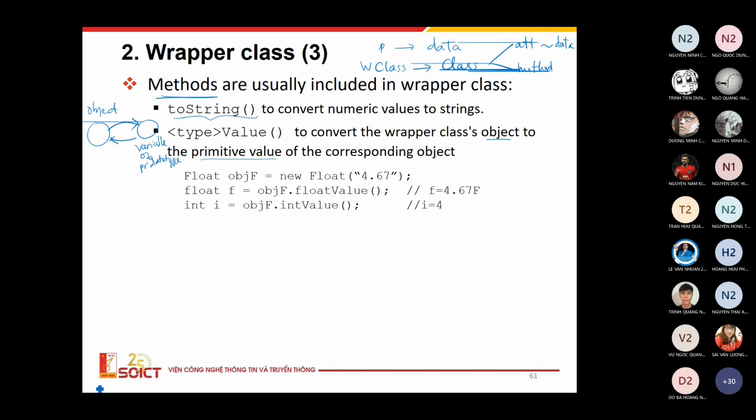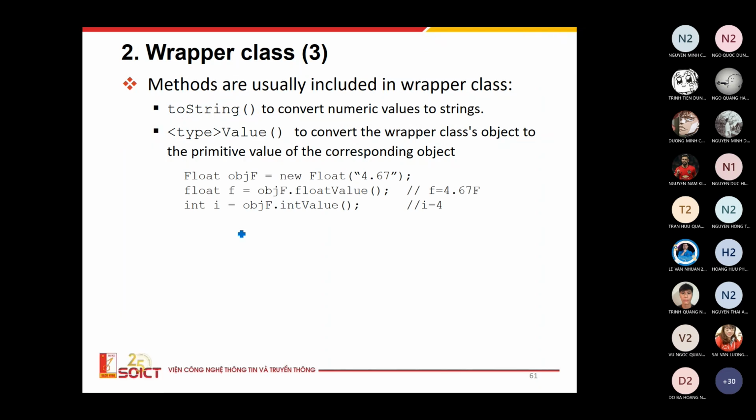For example, you have this command. In this command, you will create a reference variable of the type float. Float here is the wrapping class. Yeah, it's not float like this.